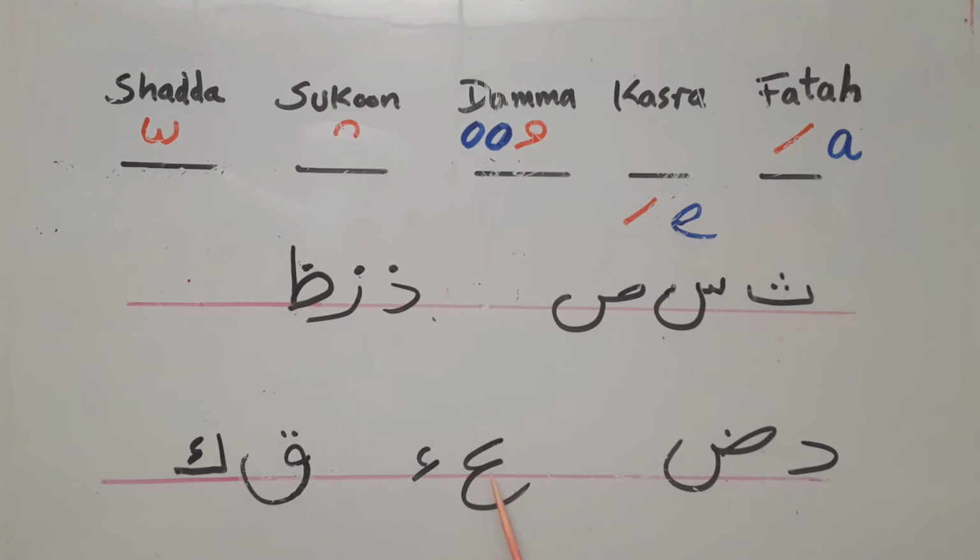Then you have a ain and hamza. They're kind of similar in a way. So you've got ain, ain. Give it a little bit more time for ain. That is, we say, the middle of the throat. So you have to open up your mouth a little bit for ain, ain, ain, and then hamza, hamza. Now, although the names of these are different, the sound is not that different.